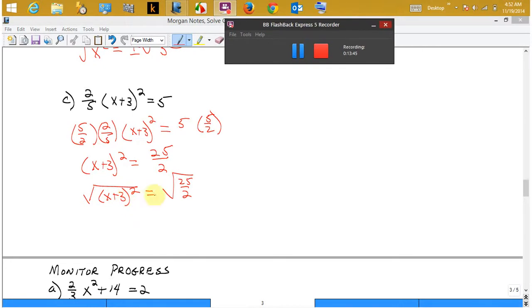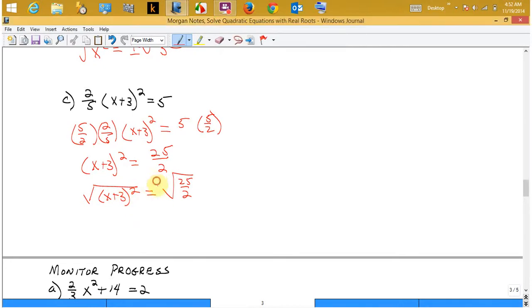Okay, so taking the square root of both sides means we have to put a plus or minus on the side with the square root, the side without the x. So let's go ahead and continue to simplify this. Anytime I take the square root of something squared, the thing that's squared is just going to come out of the square root without the square on it.